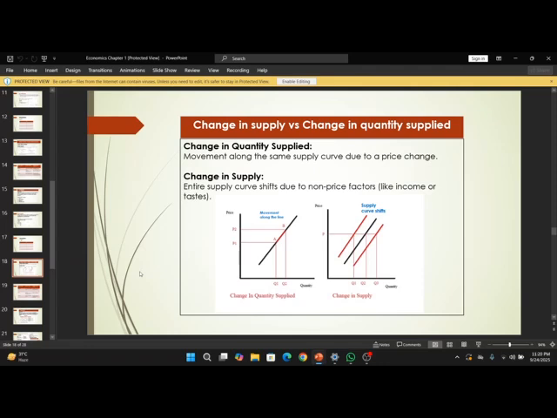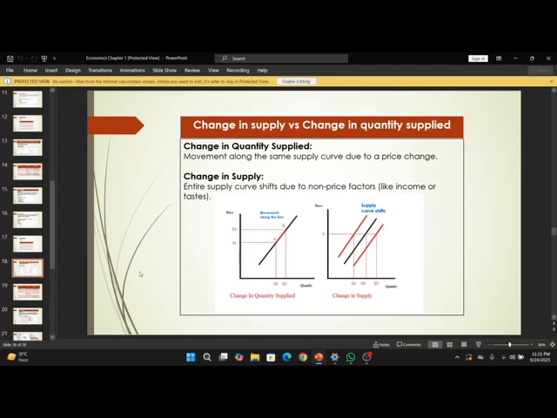For example, if new fertilizer technology makes production cheaper, farmers can supply more at the same price, shifting the curve to the right. So remember, change in quantity supplied is equal to movement along the curve, and change in supply is equal to shift of the entire curve.